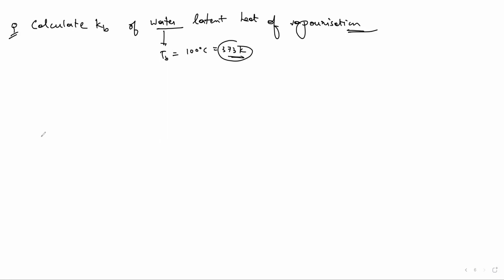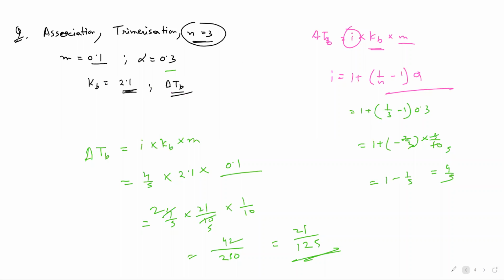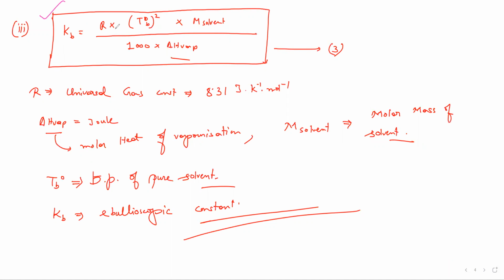Completed. Now how can you solve this one? You know this formula. Kb value is 2 into 373 whole square. Which formula is required? This formula.